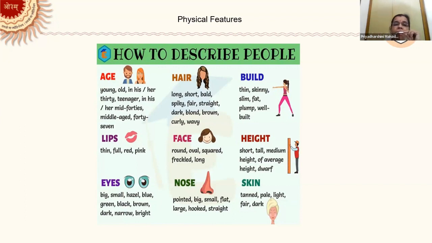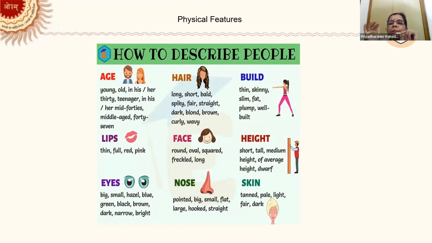Then about their hair, whether they have long hair, short hair, spiky hair, straight hair, blonde, brown hair, curly hair, and about the face also, the shape: round face, oval, square, long face, and nose also, they should be able to describe: pointed nose, big nose, small nose, flat nose. So these terms we have to teach the children.